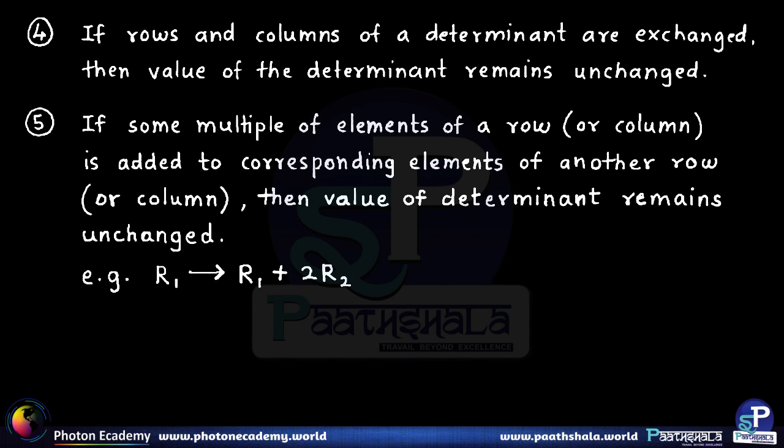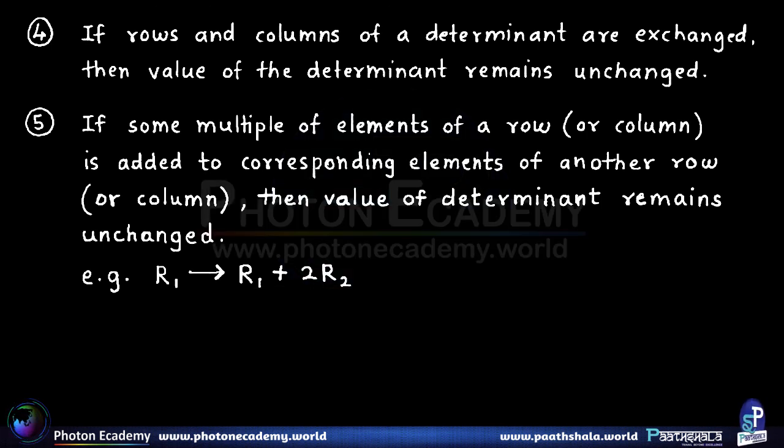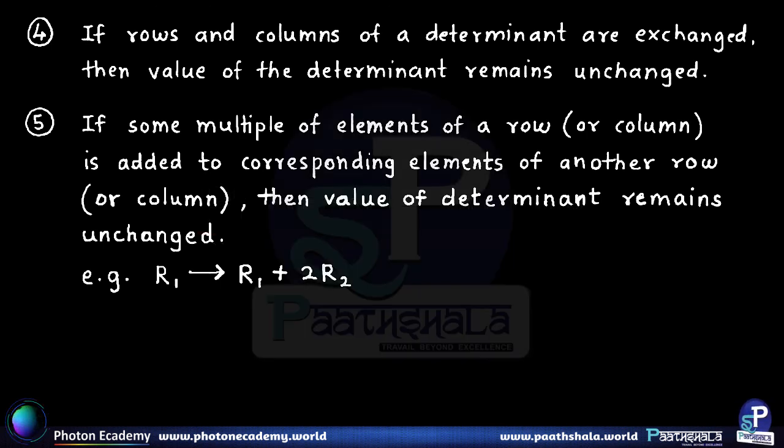As an example here, this notation says that R1, which means row 1, that is the first row, is changed to R1 plus 2R2. What it means is we are multiplying the elements of the second row by 2, and that product we are adding to the elements of row 1. In that case the resultant determinant will have the same value as the original determinant.